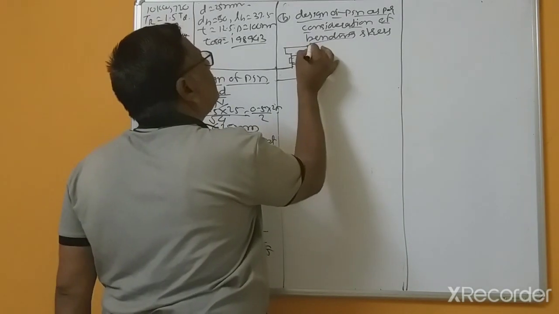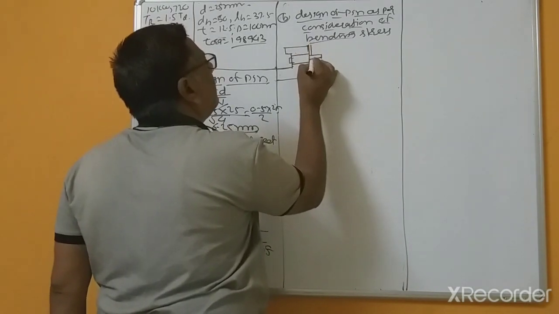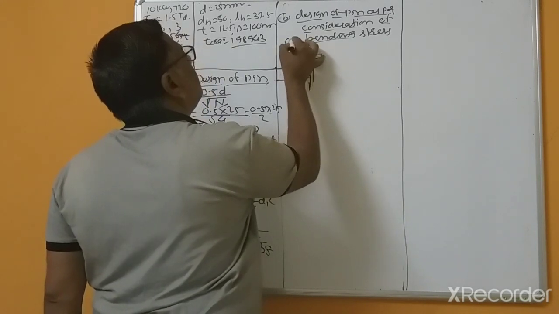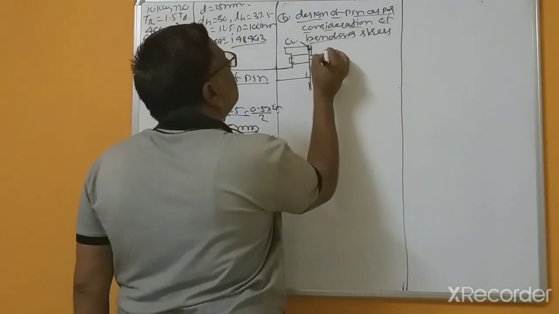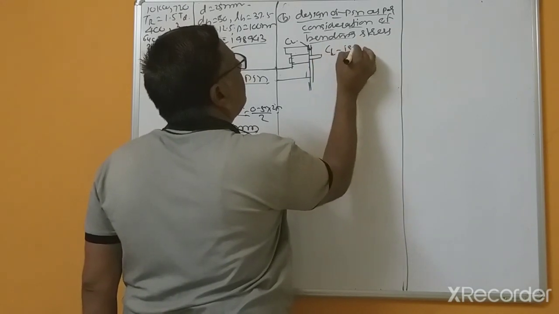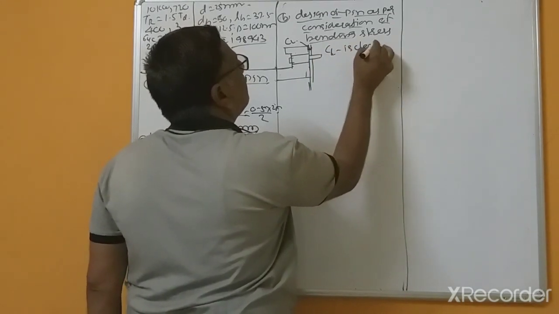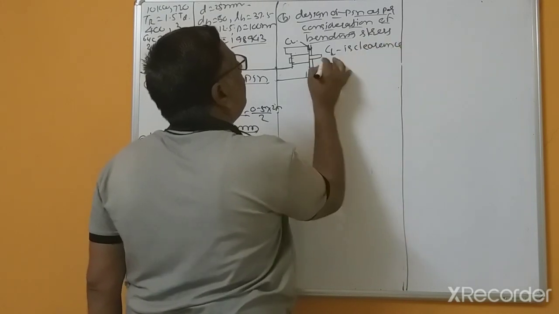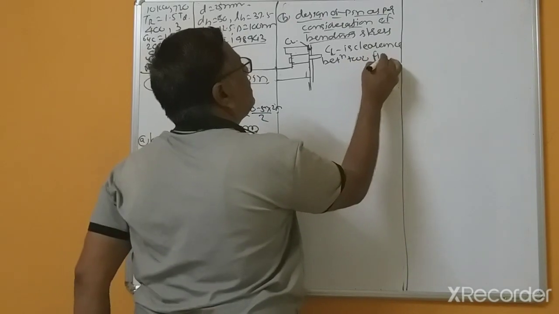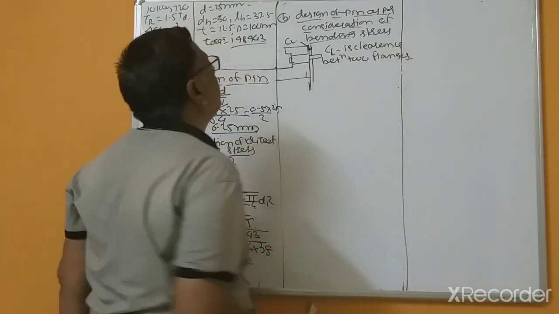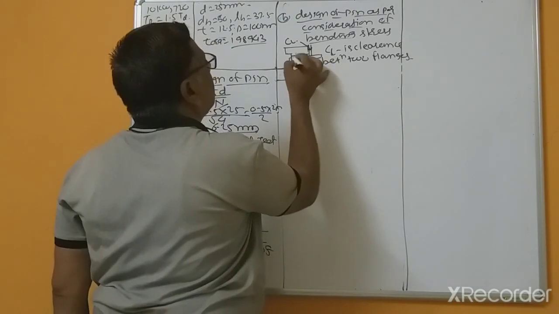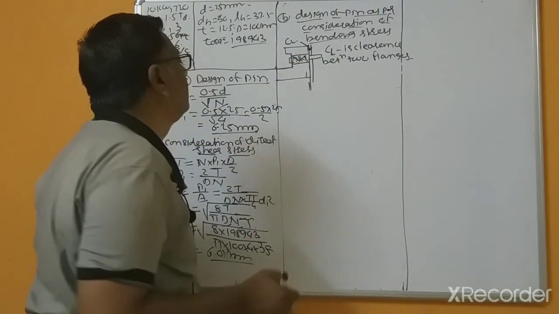And this is the other side, and this is clearance CL. CL is the clearance between two flanges, and this is the rubber bush, right?